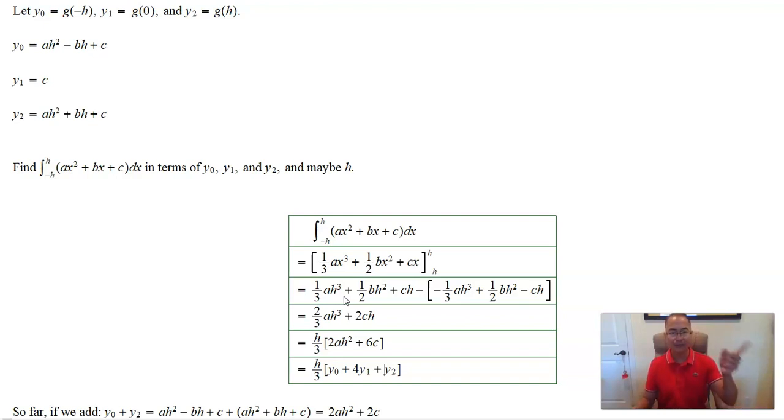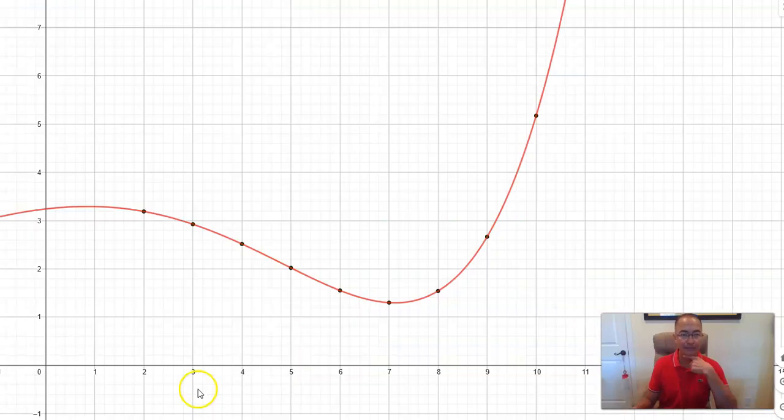Because remember, when we divided into 8 subintervals, we got 4 triples of points. And then we want the parabola through each triple. Okay, so of course it would be insane to do this 3 more times. So let's go back to GeoGebra and look at what the big idea is going to be.